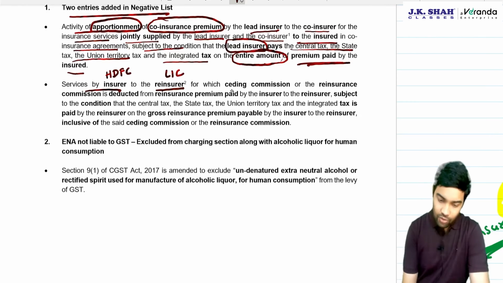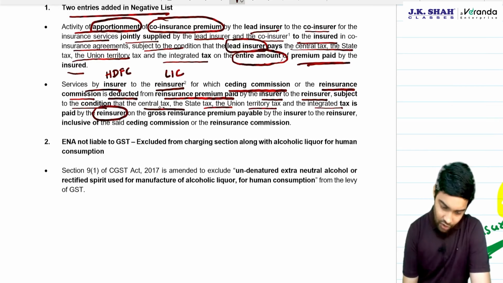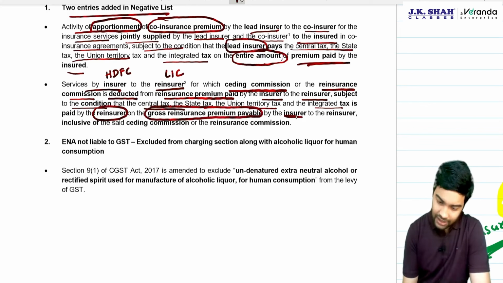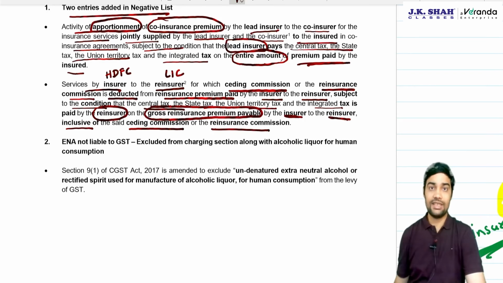For which ceding commission or reinsurance commission is deducted from the reinsurance premium paid by the insurer to reinsurer, subject to the condition that CGST, SGST, UTGST, IGST is paid by the reinsurer on the gross insurance premium payable by insurer to reinsurer, inclusive of the ceding commission or insurance commission.